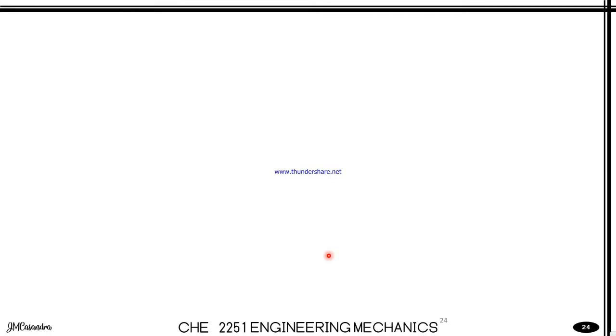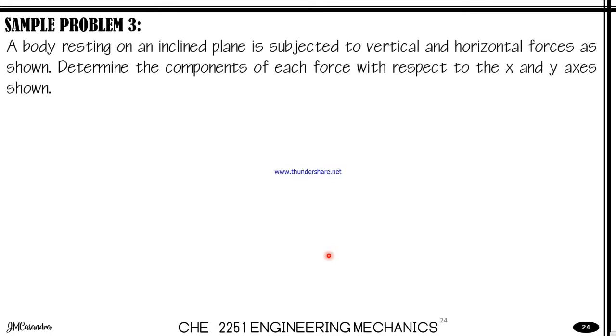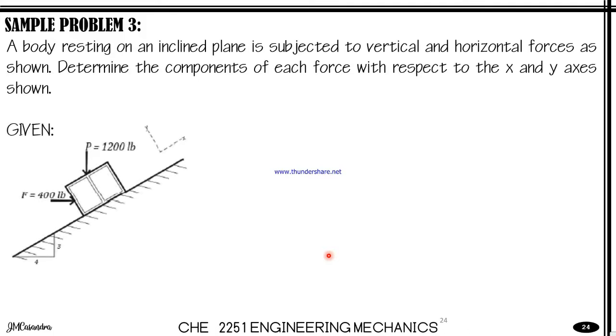So next problem, we have a body resting on an inclined plane subjected to vertical and horizontal forces as shown. Determine the components of each force with respect to the x and y axis. So instead of horizontal and vertical as our x and y, we'll now have an inclined axis.